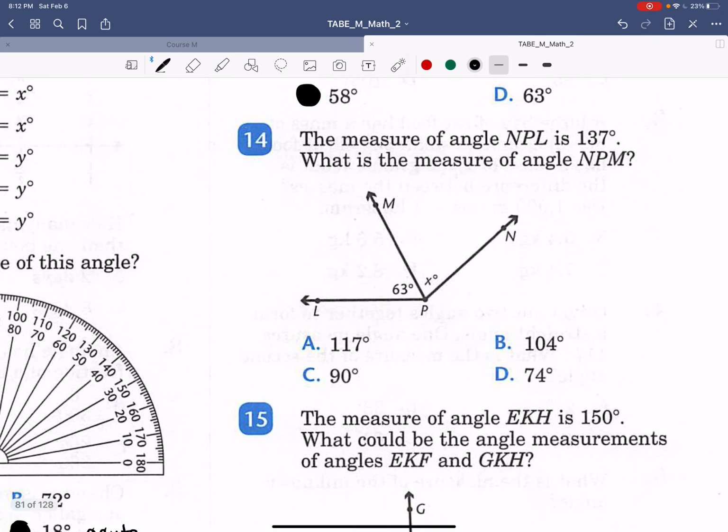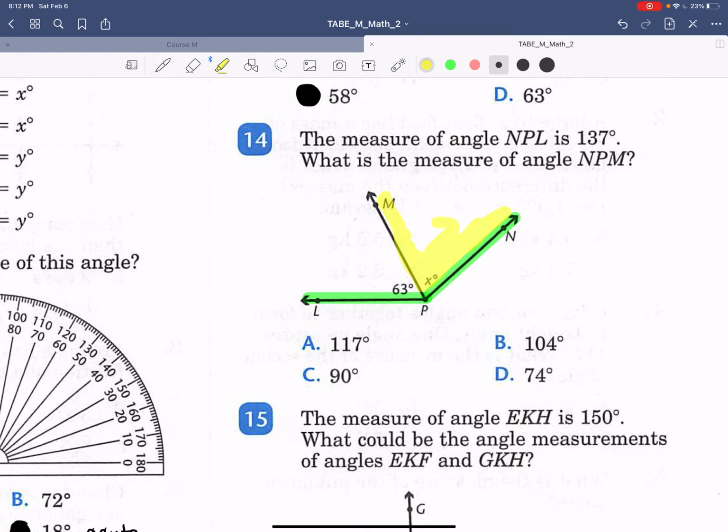Number 14. The measure of angle NPL. Now be sure you know what it's talking about. There's N to P and then P to L. Is 137 degrees. So what is the measure of NPM? NPM is right in here.